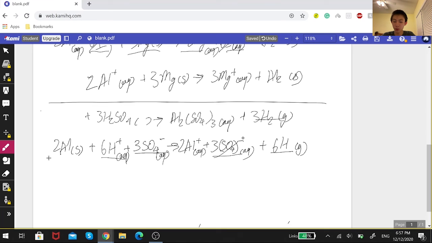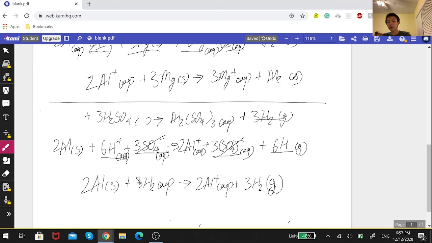There is a 3SO4 minus, so we cross these two out. Let's write it back to what it originally was: 2Al plus 6H plus aqueous yields 2Al plus aqueous plus 3H2 gas.